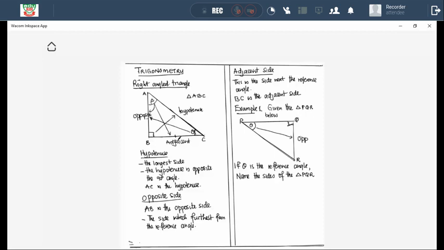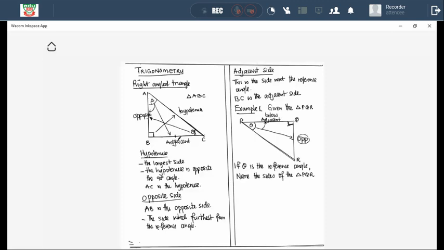And from the opposite side, this is the side furthest from the reference angle. And this one, PQ, is the adjacent side. The opposite and the adjacent, PQ, they always meet at 90 degrees.